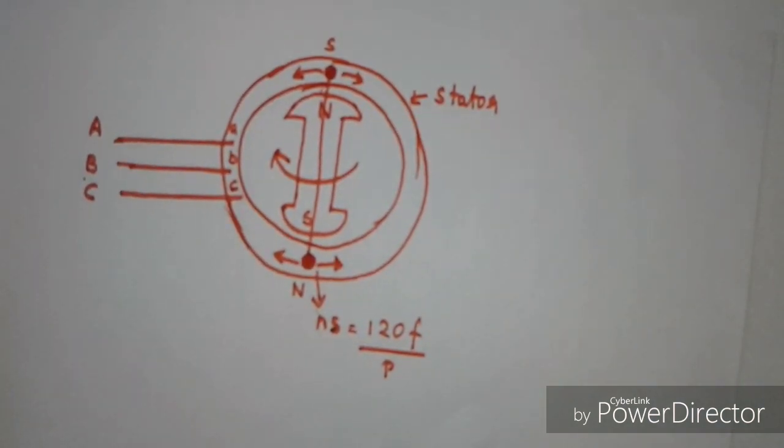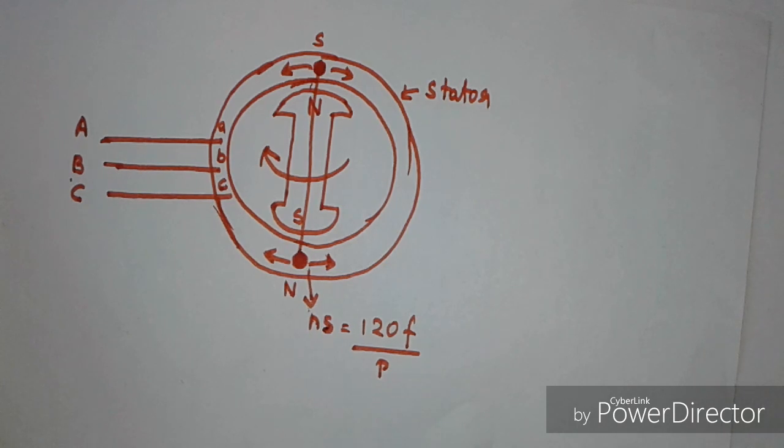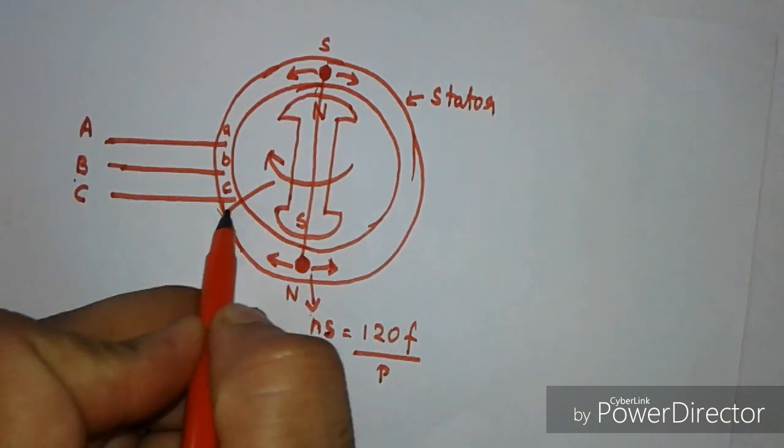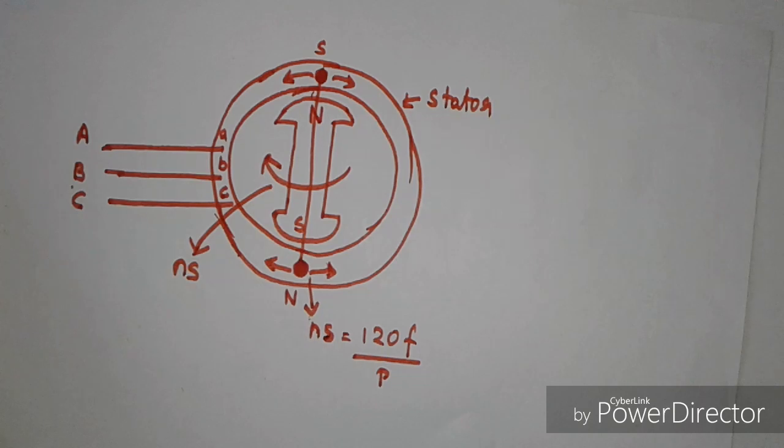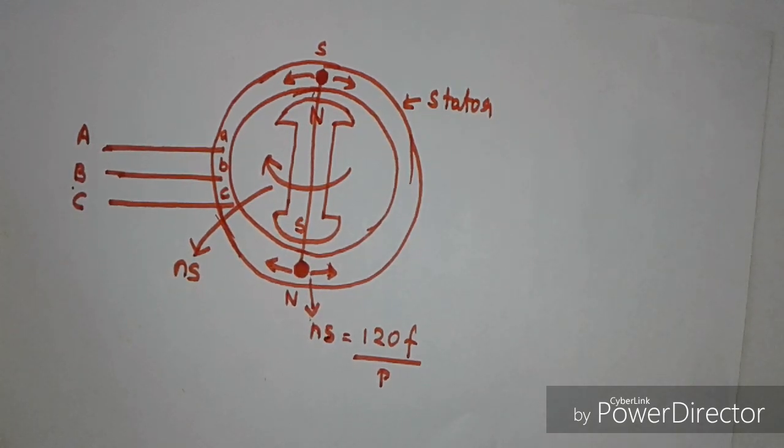So as the stator magnetic field is rotating at Ns, and as the rotor magnet is also rotating along with it, the speed of the rotor is also going to be Ns. Therefore the rotor rotates in synchronism with the rotating stator magnetic field. So this is basically the basic concept of the principle by which the synchronous motor operates.